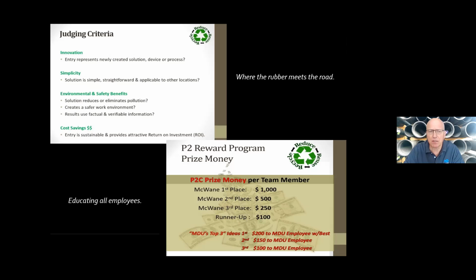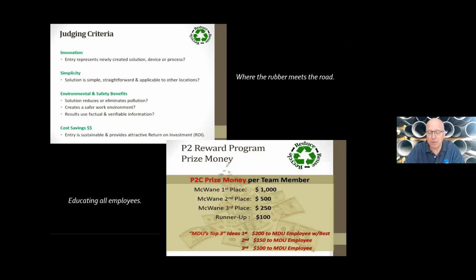We want to make sure as much as possible that the entry is sustainable and provides an attractive return on the investment. So what does this mean to you? If you have an idea, we want to get it documented. Talk to your supervisor. Like I said before, talk to management, come to environmental, because there's P2C prize money sitting on the table.